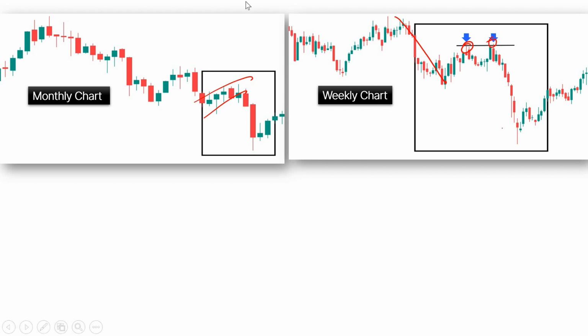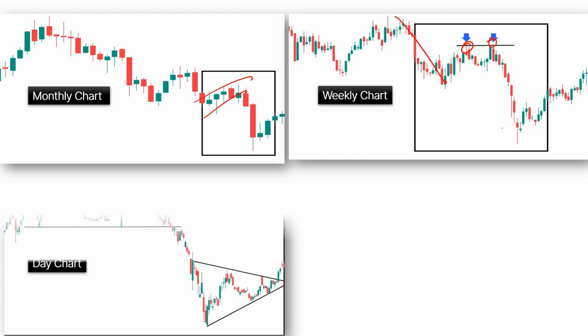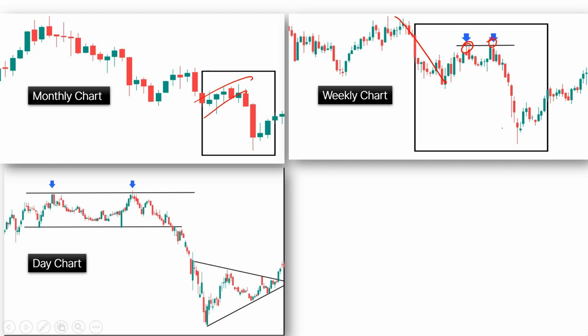If we shift towards the daily chart, then you can see it has formed a very good range. A horizontal distribution range has been formed in the form of a double top here, and it has formed a support area also. So you can easily take entry on the short sell, on the breakdown of this structure, right?